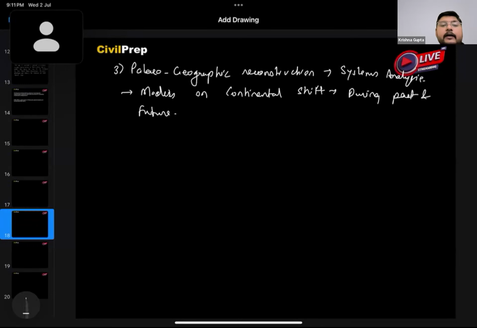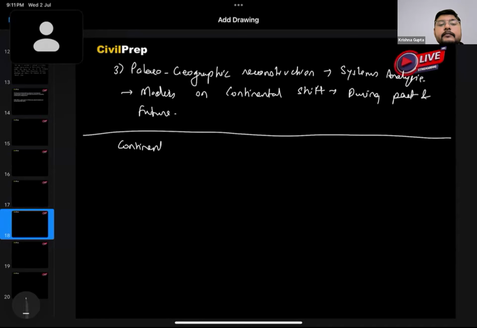But we will see that though the various postulates and evidences were provided, Wegener's continental drift, or continental configuration as per the question, was criticized. The criticism was mainly, number one, for the forces.